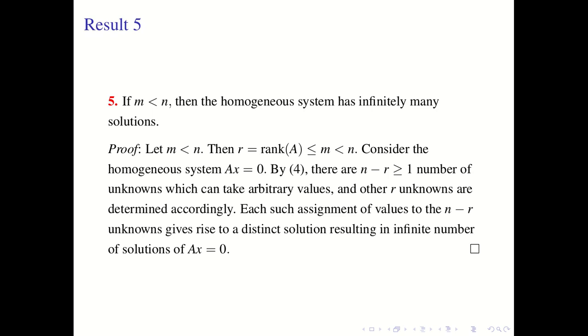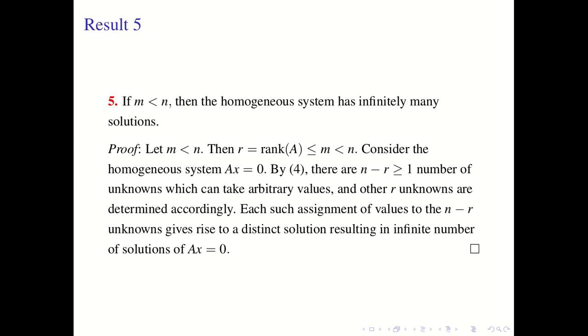Now each assignment of values to the n minus r unknowns gives rise to a distinct solution to the system Ax equal to 0. That means there is at least one free variable, and this free variable can take infinitely many values. Therefore you have infinitely many solutions for Ax equal to 0.